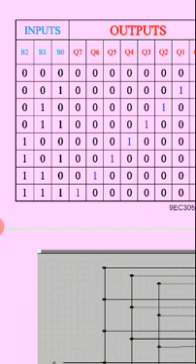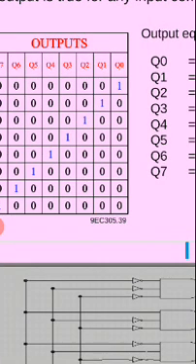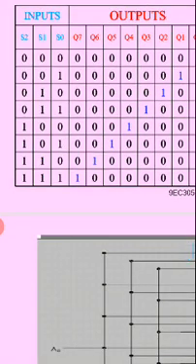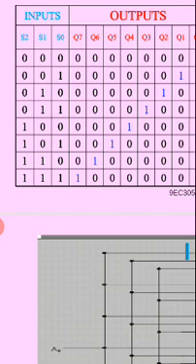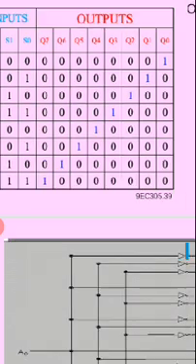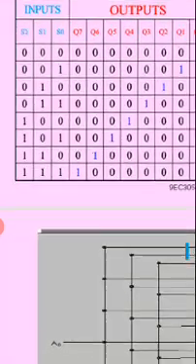For 0 0 0, its value is 0, hence Q0 is 1. For 0 0 1, the input value is 1, hence Q1 is 1. For 0 1 0, its value is 2, hence Q2 is 1.